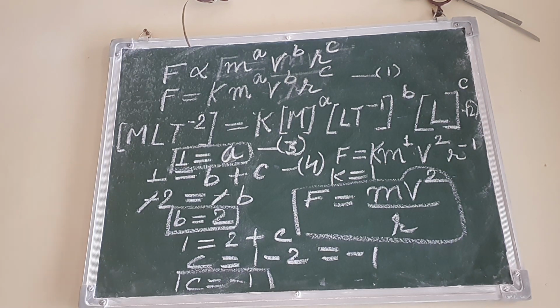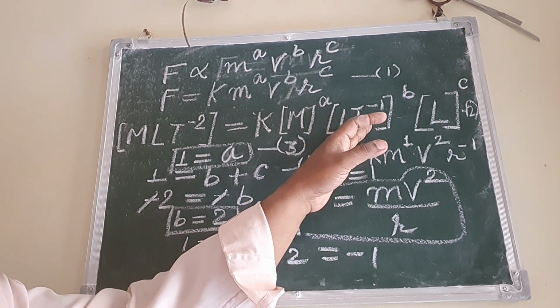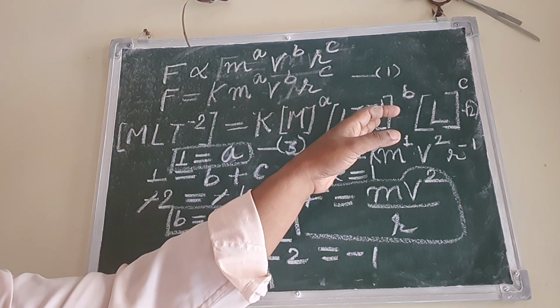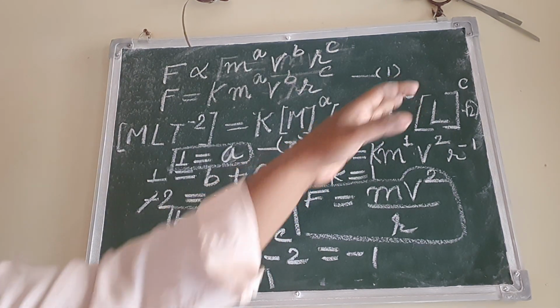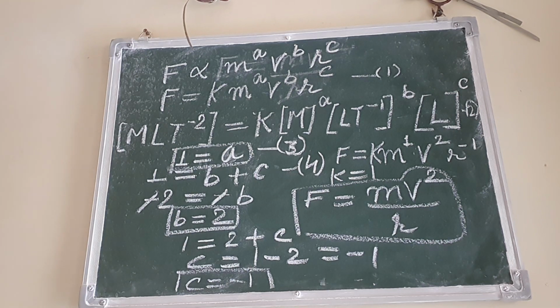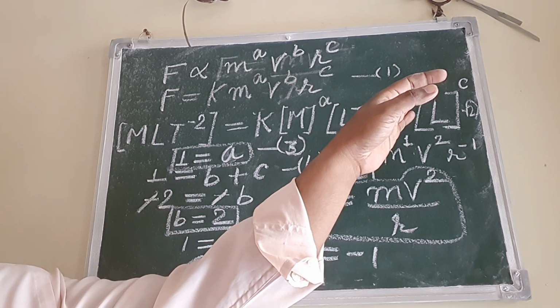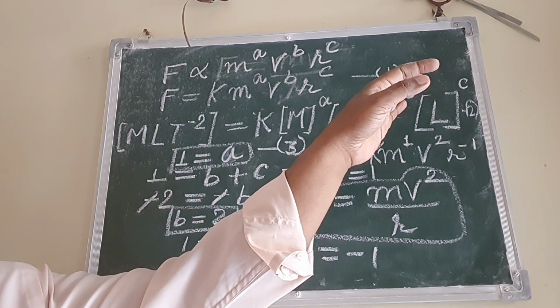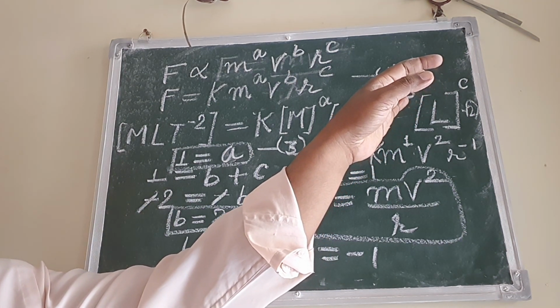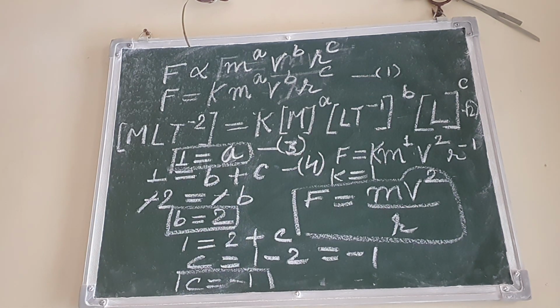On the left hand side it is 1. On the right hand side, L is multiplied by the exponent b, that is b, and there is another term L having the exponent c. So the exponents will be added, and it becomes b plus c. So 1 is equal to b plus c. This becomes our equation 4.